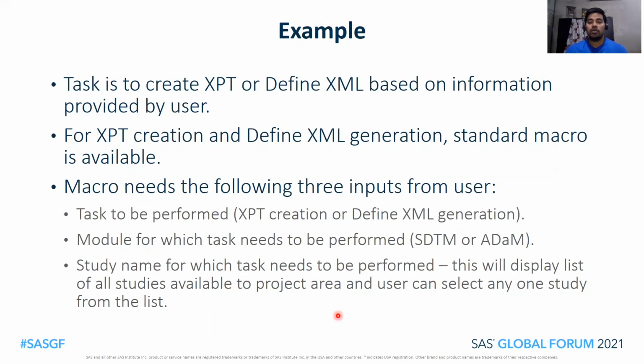The macro needs, in general, three parameters. The first parameter is the task to be performed, in this case XPT creation or define XML generation. The second parameter is the module for which the task needs to be performed, SDTM or ADaM. The last parameter is the study name for which the task needs to be performed.